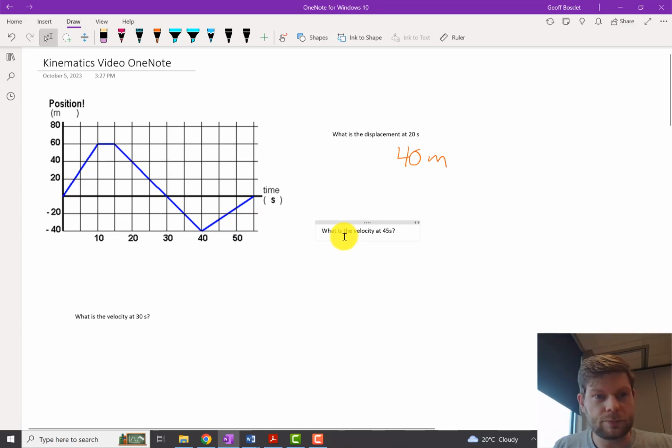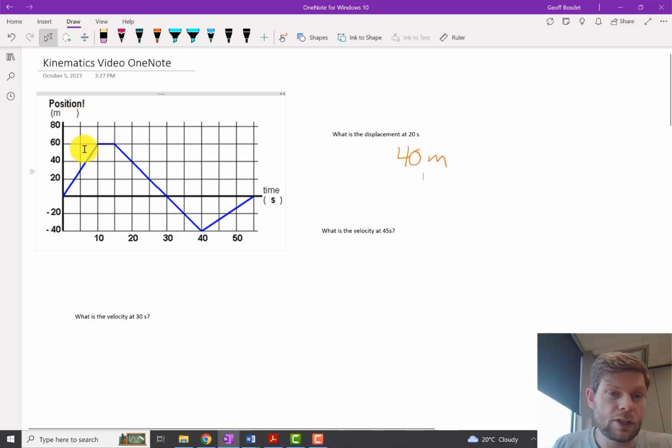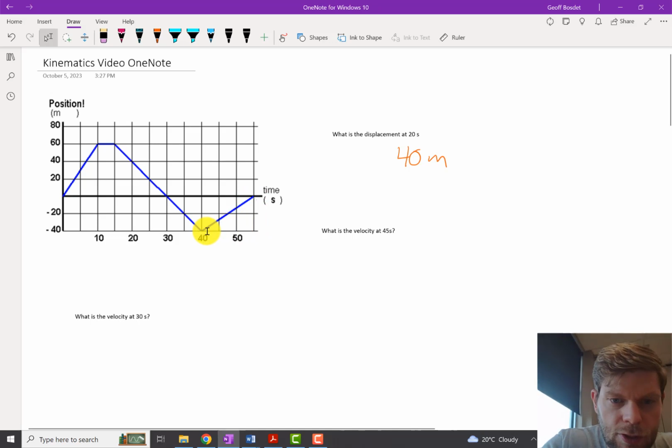How about velocity? We've got a position time graph, so anytime you have change in y divided by change in x, like position or distance divided by time, that is velocity. Therefore, the slope of our graph is going to be velocity. So at 45 seconds, that falls along this line. I don't really care where, because the whole line has the same slope, same tiltiness. So all I'm going to do is figure out rise and run.